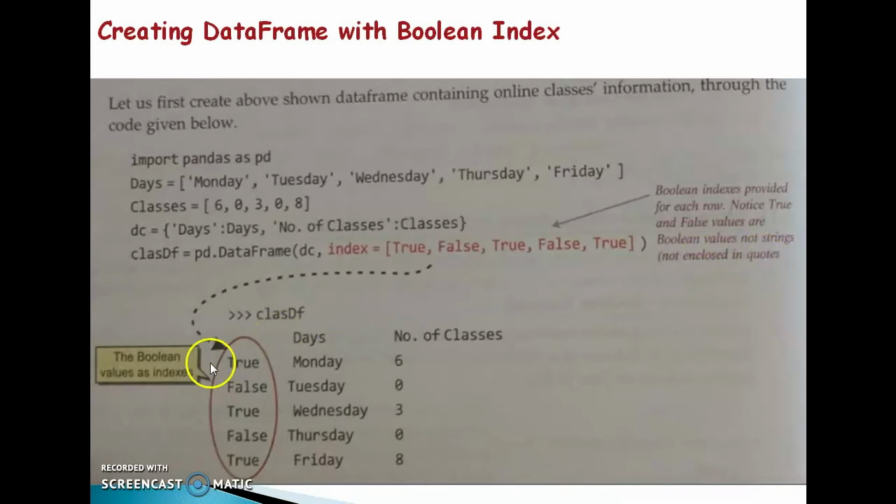Then we can see the Boolean values as indexes: true, false, true, false, true. Days, number of classes: Monday 6, Tuesday 0, Wednesday 3, Thursday 0, Friday 8. Days and number of classes, these two are columns. Then true, false, true, false, true, these all are indexes. Clear?